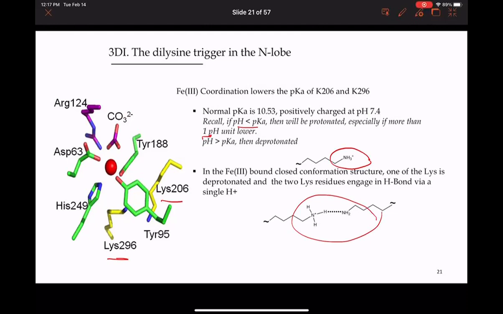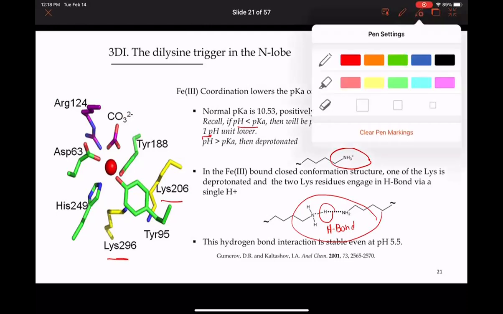And so because of that, the loss of one proton, what we see is this interaction between the two lysines via a hydrogen bond. So you have this hydrogen bond network that's facilitating a stabilization event. Okay? So that's a product of the iron binding that's facilitating a loss of a proton, but the loss of that proton enables those two lysines to basically close up the site even more.